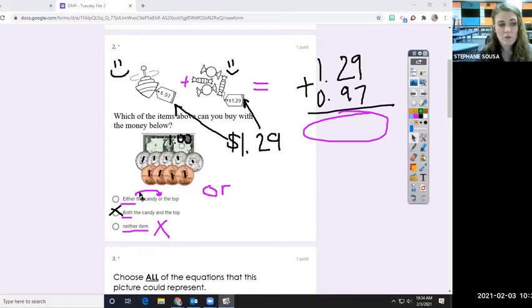That's where you need this word either. Okay, either the candy or the top. You can buy one or the other. You cannot buy both. Any questions on that one? A lot of us missed it. Questions are great. They help us learn.